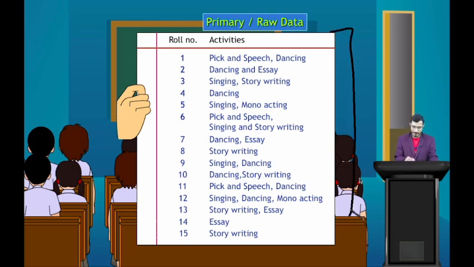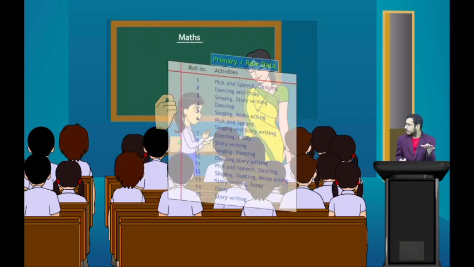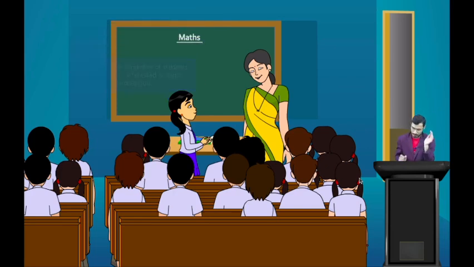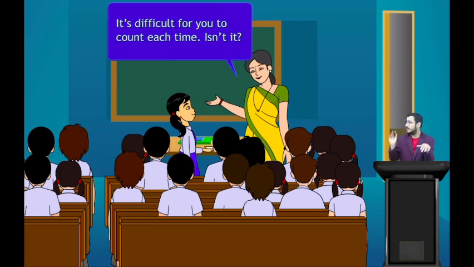That is our primary data, or we can say raw data. More students are interested in the dance competition. Now the teacher asked, it's difficult for you to count each time, isn't it? Yes, it's difficult.